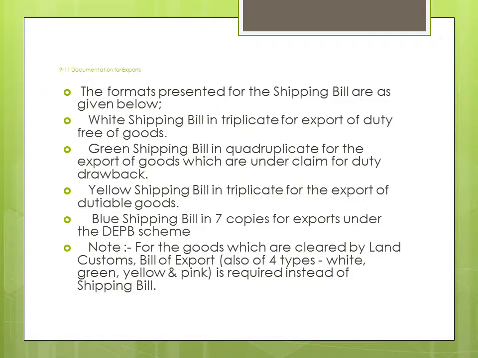Blue shipping bill in 7 copies for exports under the DEPB scheme. For the goods which are cleared by the land customs, bill of export also of 4 types, white, green, yellow and pink, is required instead of the shipping bill.